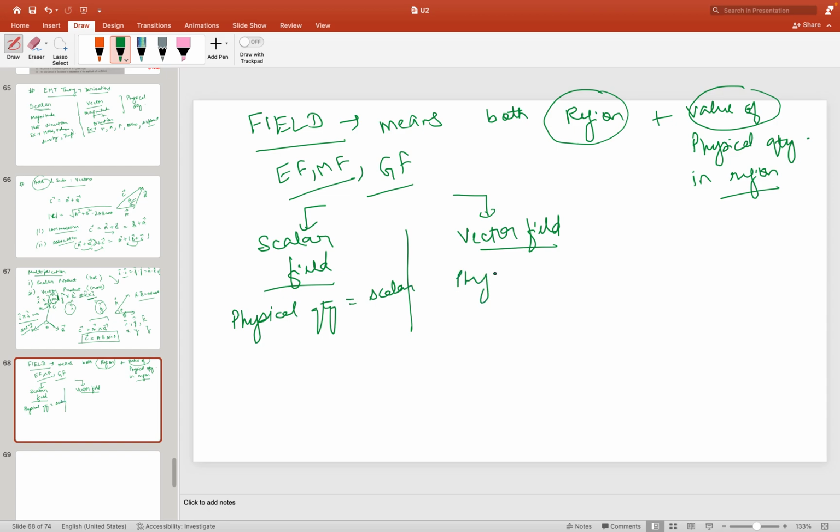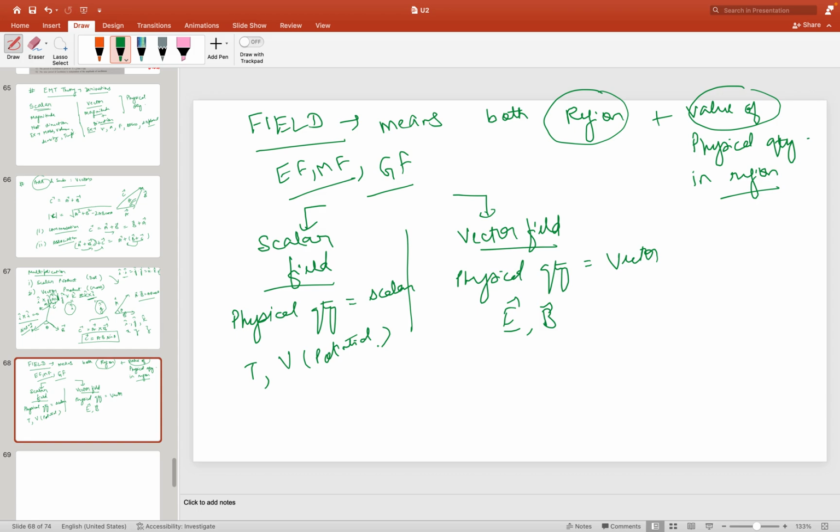And if the physical quantity in the region is a vector quantity, then it's a vector field. For example, electric field, magnetic field. And if we talk about scalar ones, temperature, scalar potential. So these are the scalar field examples. So this was all about the field.